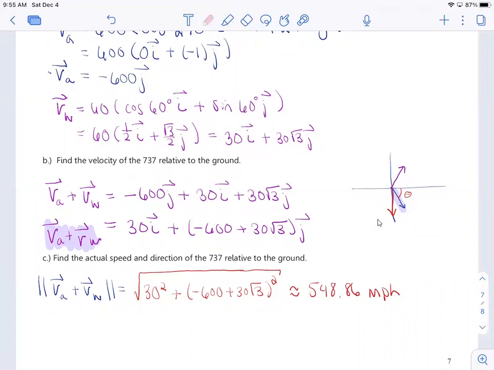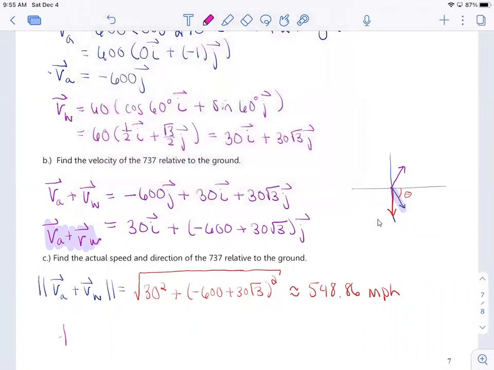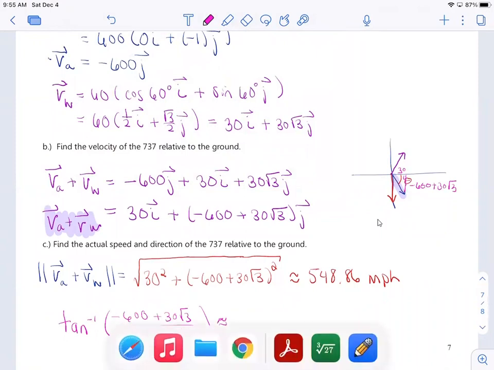Now, if you want to find that direction, let's go with pink. Once again, it's going to be the inverse tan. Well, remember, if I create that right triangle here, we know this is 30 and this is negative 600 plus 30 root 3. Well, it's opposite over adjacent. I definitely don't know that, right? So I'm going to rely on my calculator.